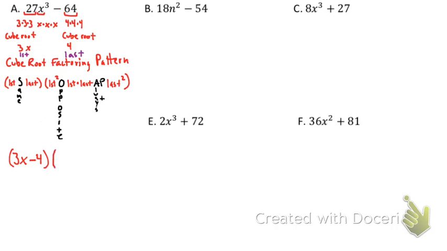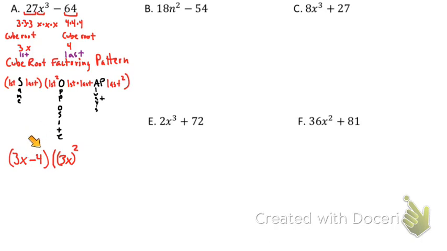Now we move on to the second parentheses. We're going to take our first again, so we're taking 3x, and now we're going to raise it to the second power. So it's going to be (3x), in parentheses because we're going to raise it to the second power. Now our sign is going to be opposite.